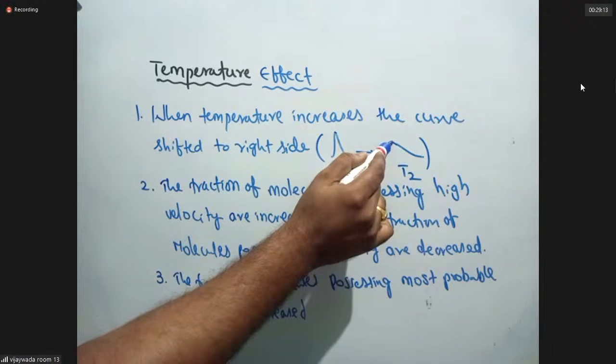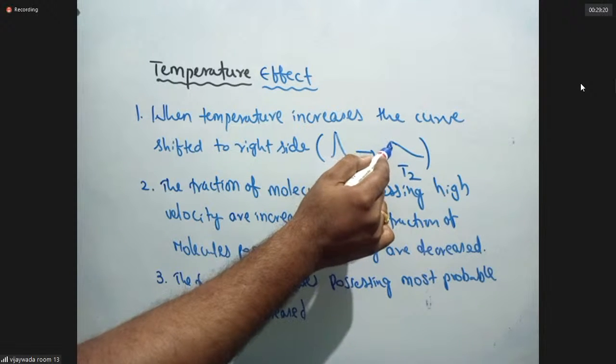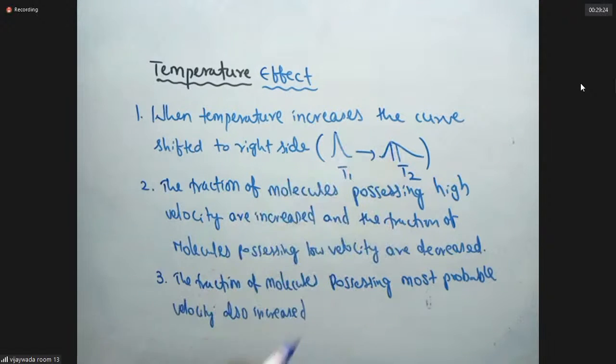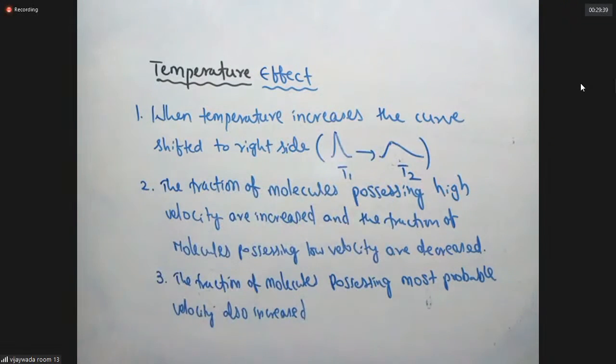Then we can't see exactly the peak of the curve because it's flatter than the previous case. So under this curve, we can see more molecules. That's why the fraction of molecules possessing most probable velocity also increased. So this is about temperature effect.